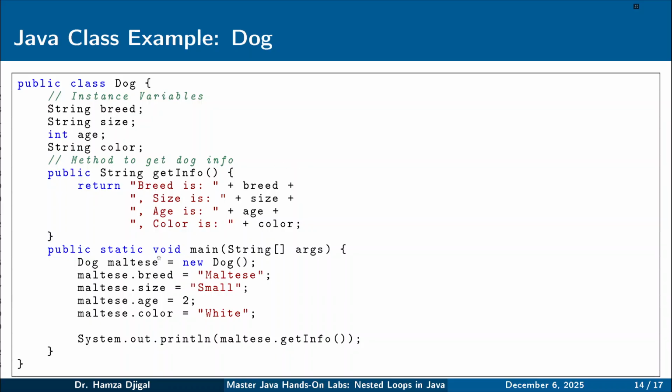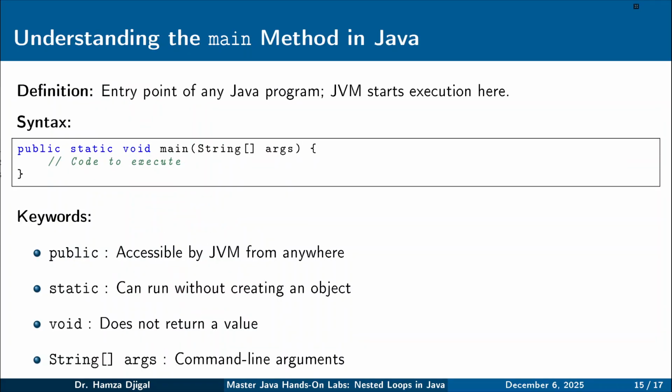But here we have some new things that we have not explained. The void main, what does it mean in Java? To understand the main method in Java, you can call it the entry point of any program in Java. Main is the first thing the JVM will try to check. As we explained in a previous slide, the JVM, the Java Virtual Machine, we get by installing the JDK.